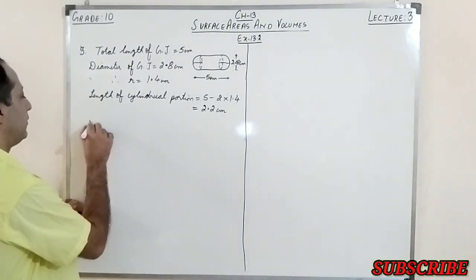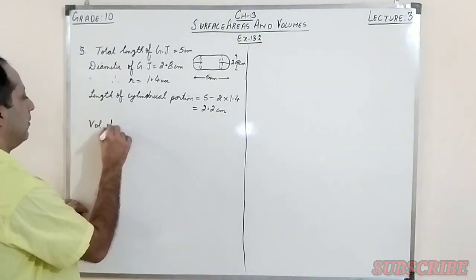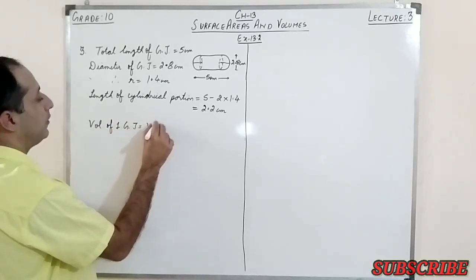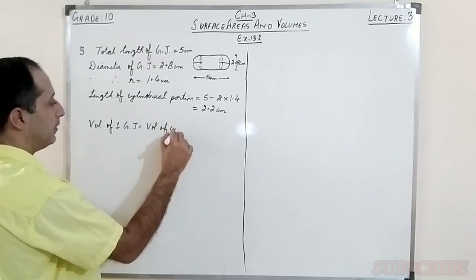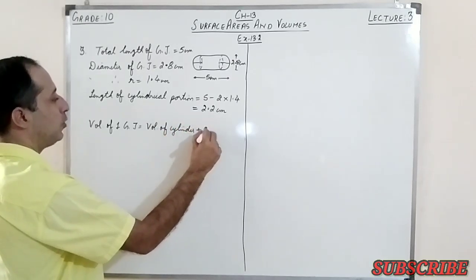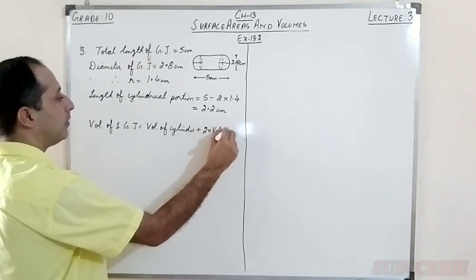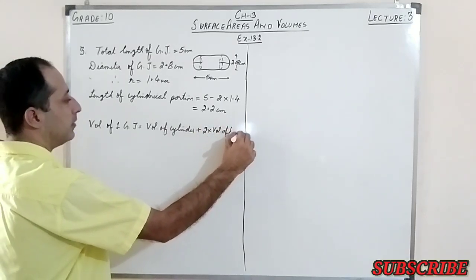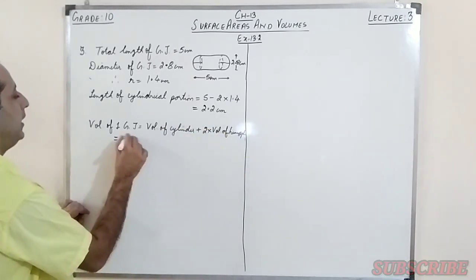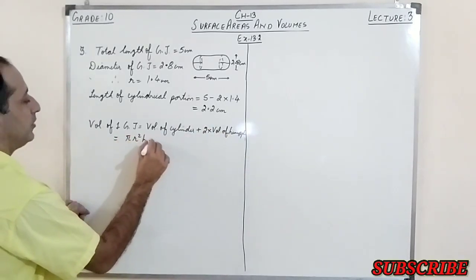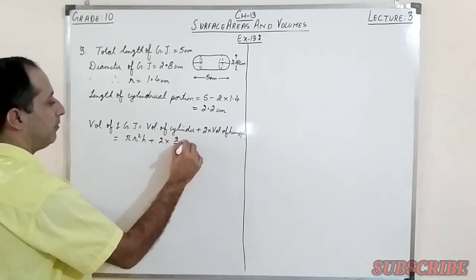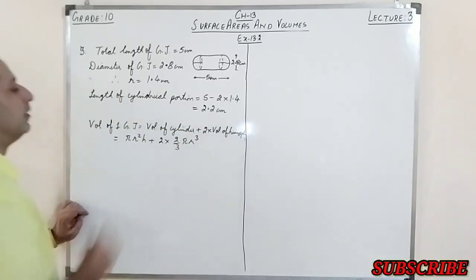So let's find the volume of one gulab jamun first. Volume of one gulab jamun is volume of cylinder plus 2 into volume of hemisphere. Right, so that is pi r square h plus 2 into 2 by 3 pi r cube.